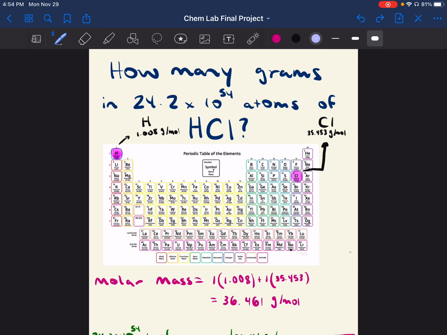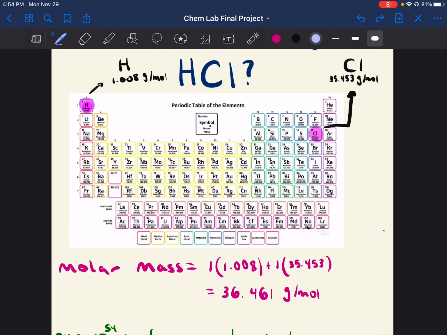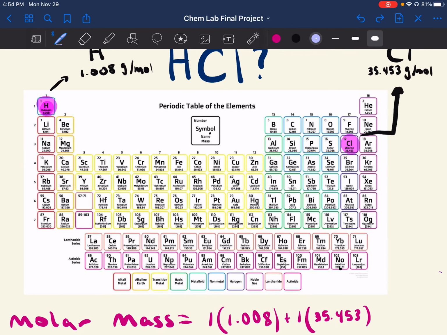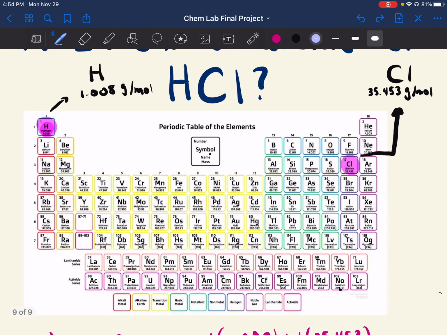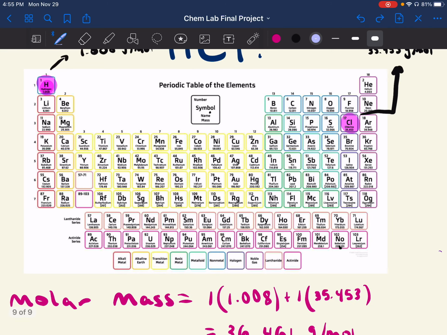So how many grams are there in 24.2 times 10 to the 54 atoms of HCl? Again, bust out the periodic table. We've got 1 atom of hydrogen, 1 atom of chlorine.